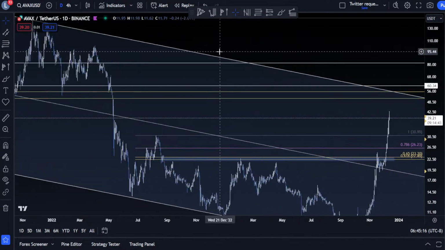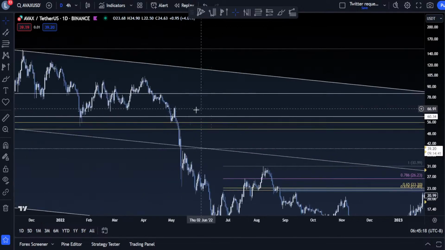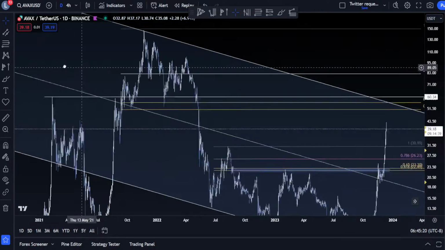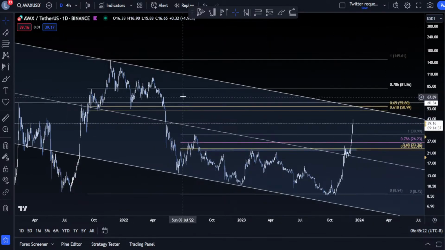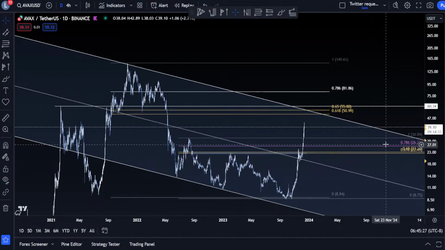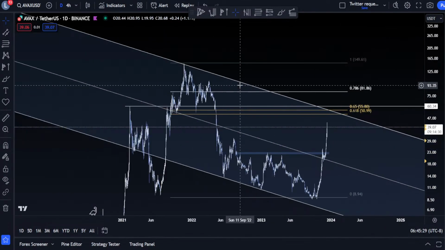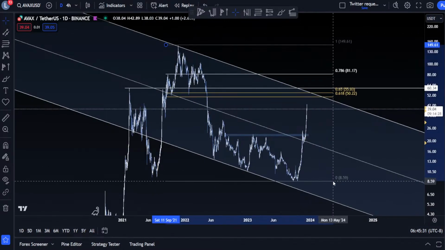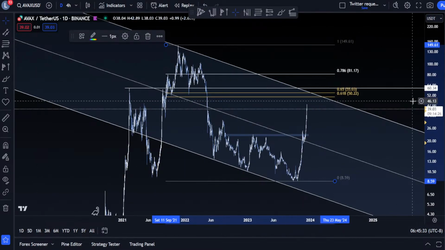I mean, AVAX seems to be heading to the... this would just be interesting. On log scale, we would have a pretty clean golden pocket.